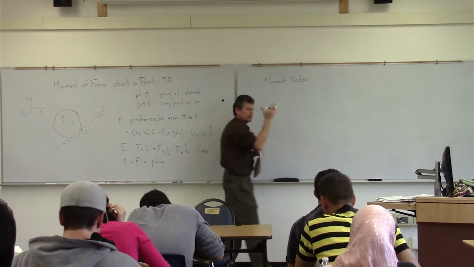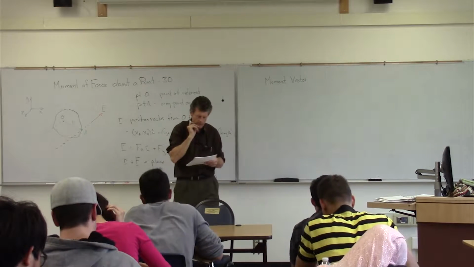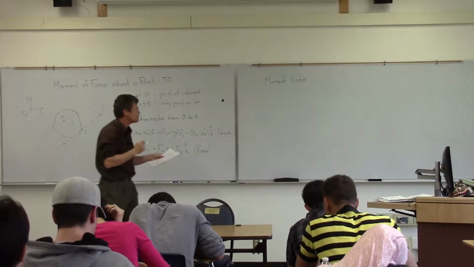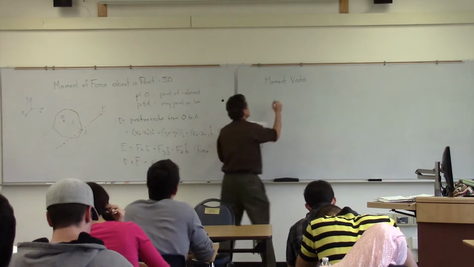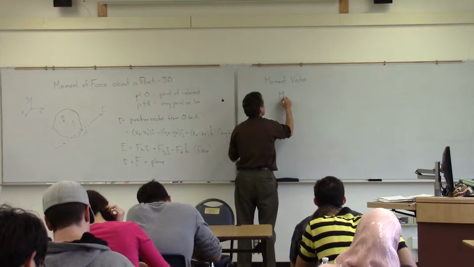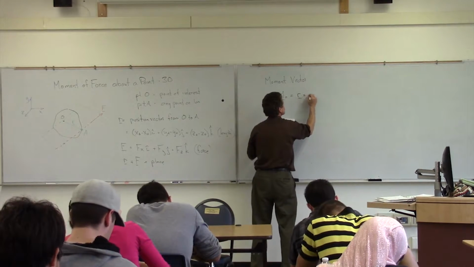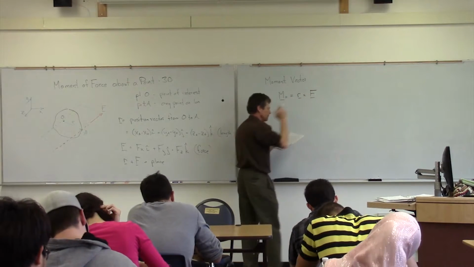Now, most of this will look pretty similar to what we did in 2D. We have a moment vector. Again, we're going to define this vector, and again think about it in terms of that axis of rotation. But in 3D especially, we're going to define it in terms of this cross product rule.